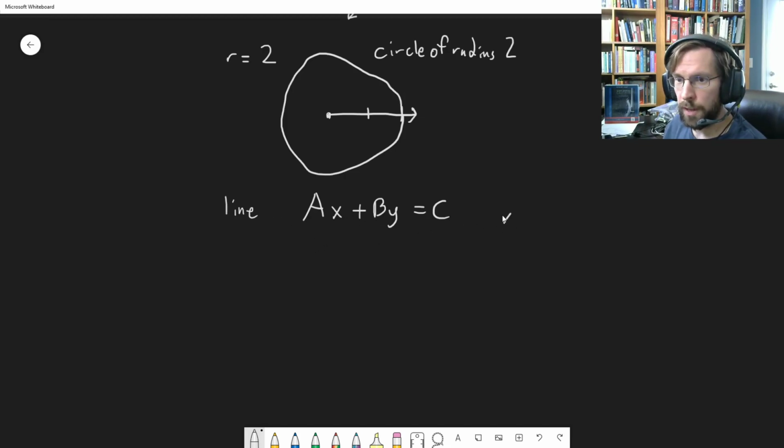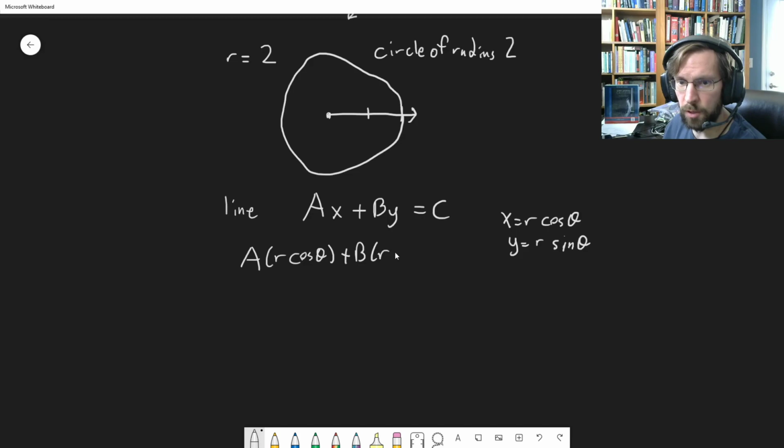But recall that x is going to be r cosine theta, and y is going to be equal to r sine theta. So we're going to substitute these into our equation here. So we get a times r cosine theta plus b times r sine theta equals c.